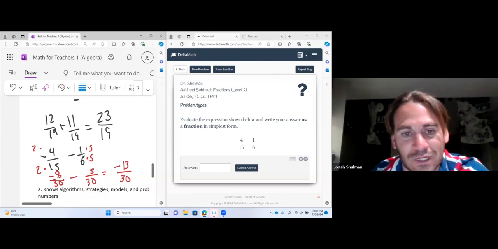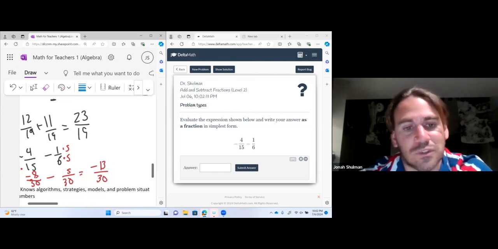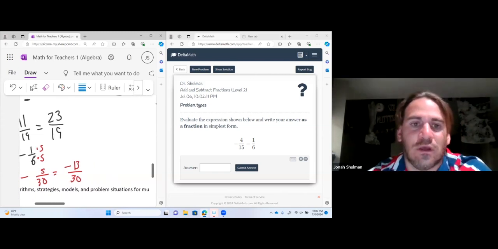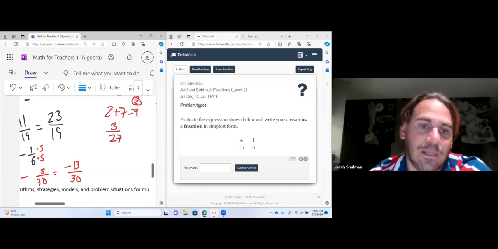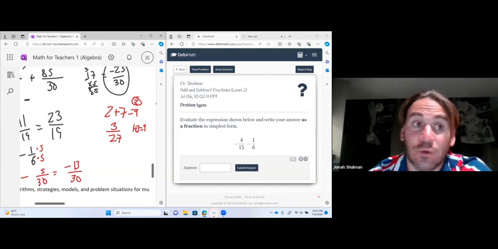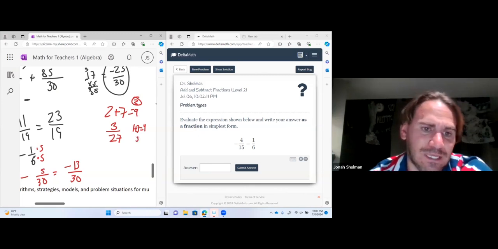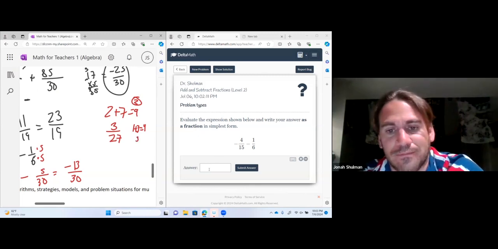So put them together, that's negative 13/30. Now you might think that 3 goes into both. Here's a good numeracy trick you can teach your students. 2 plus 7 is 9, and 3 goes into 9, so 3 goes into 27. 1 plus 3 is 4. 3 doesn't go into 4, so we can't divide top and bottom by 3.